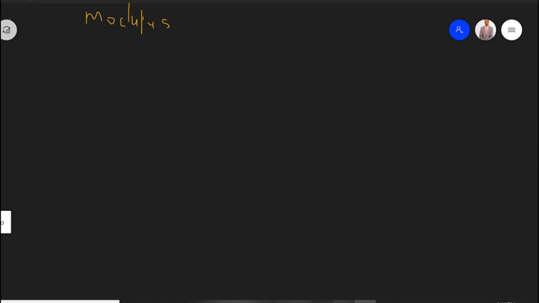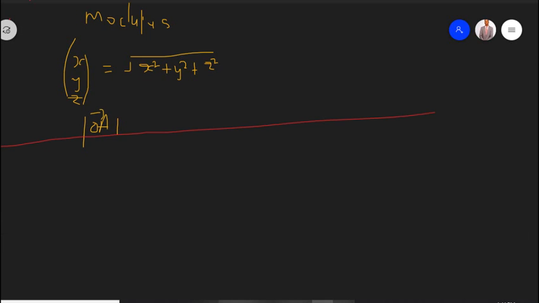Now, let's calculate the modulus. The modulus is the size or length of a vector. If we are given vector x, y, z, the modulus is equal to the root of x squared plus y squared plus z squared. Let's do an example for calculating the modulus.